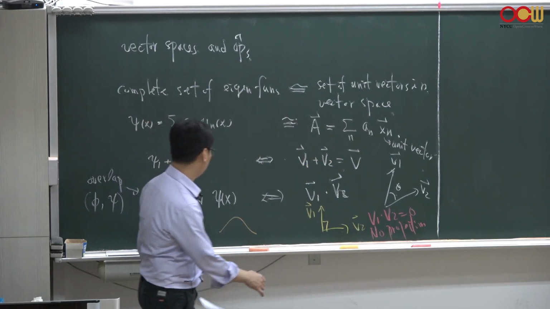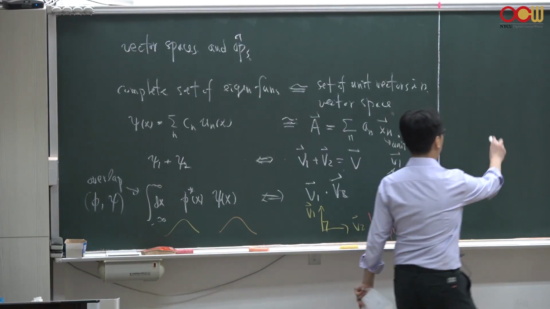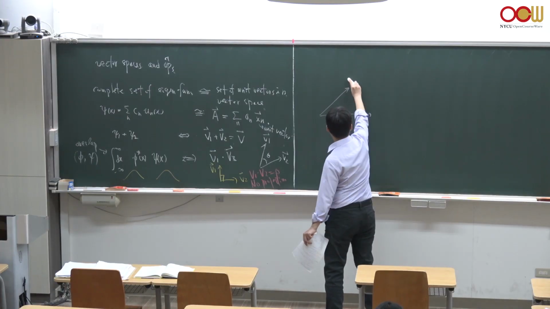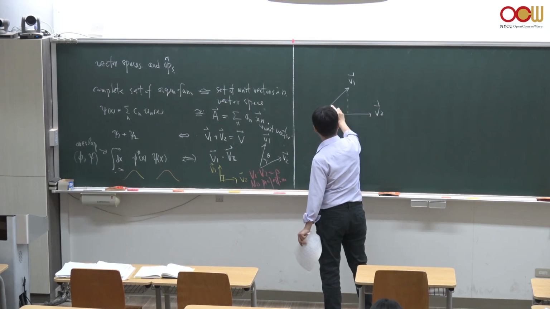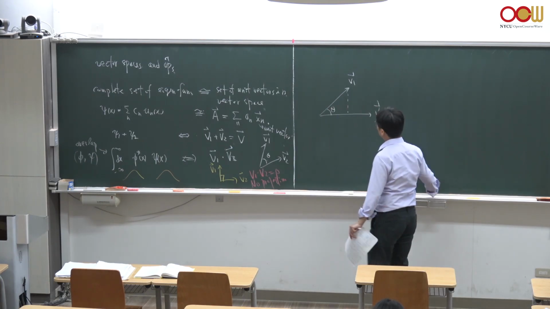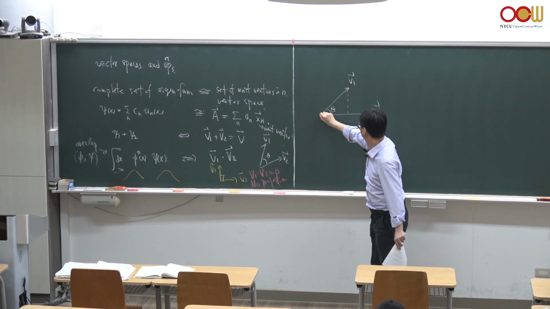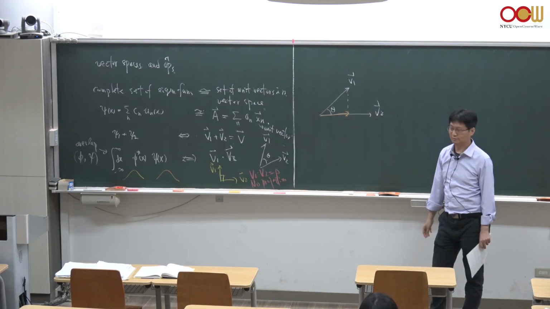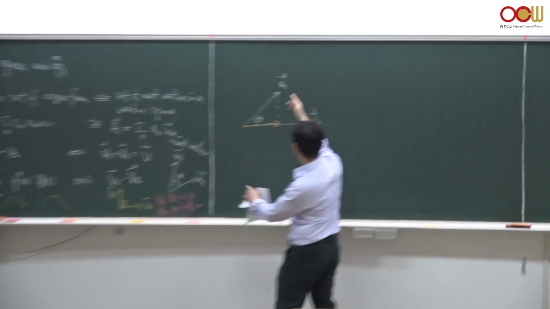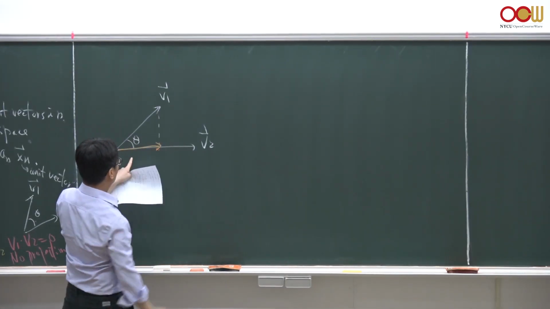If you have any projection, it means v1 overlaps with v2. You can project v1 onto v2, so that these two vectors actually have an overlap.